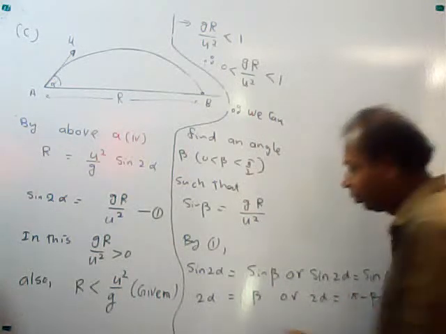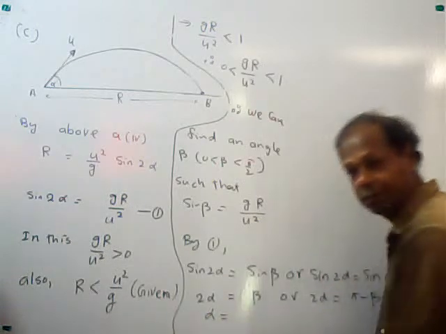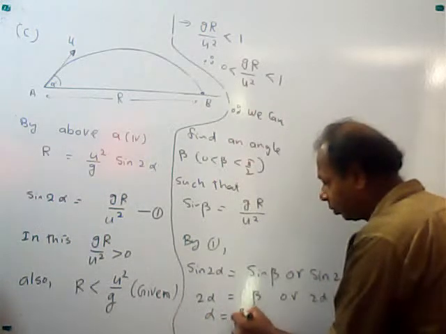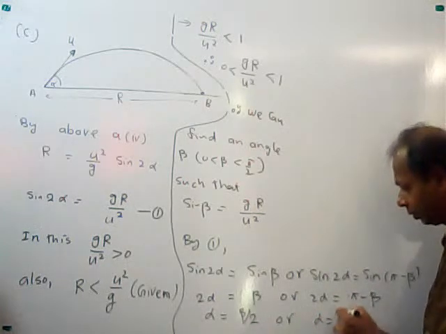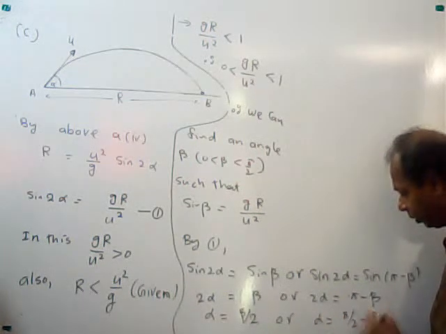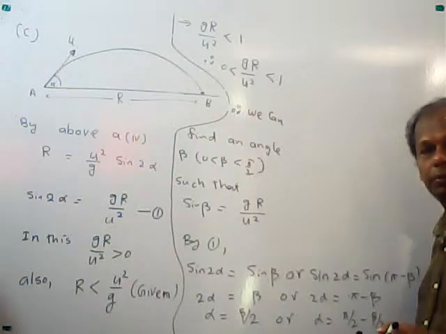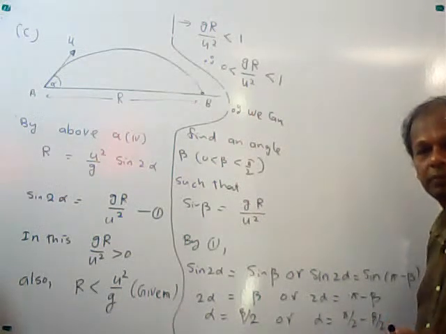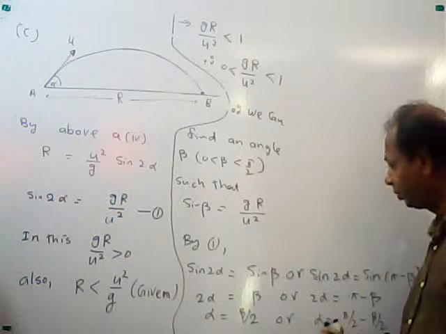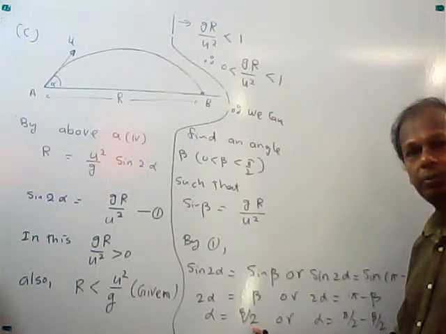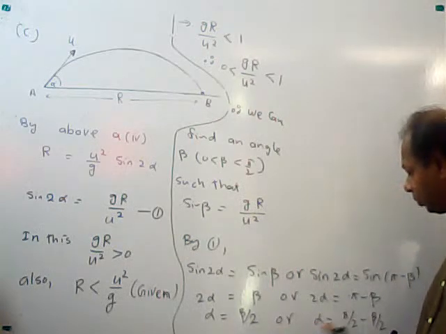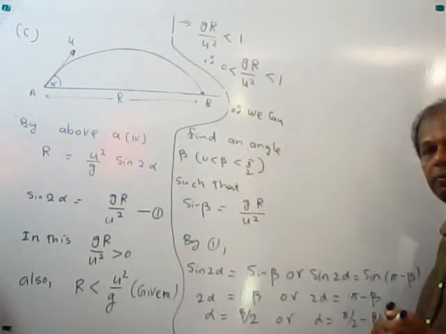So dividing by 2, you get alpha equals beta over 2 or alpha equals pi by 2 minus beta over 2. So you get two distinct solutions. Shall we name them? Alpha 1 and alpha 2. So alpha 1 equals beta over 2, or alpha 2 equals pi by 2 minus beta over 2.